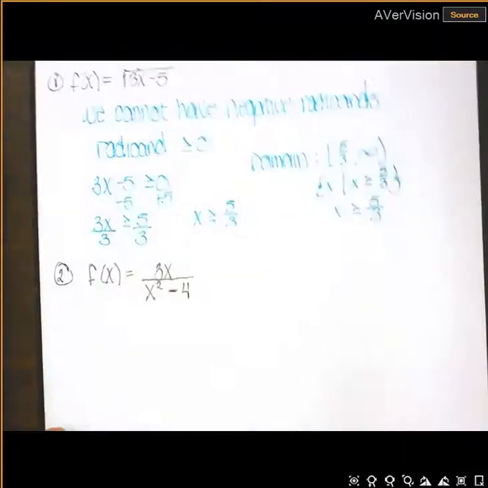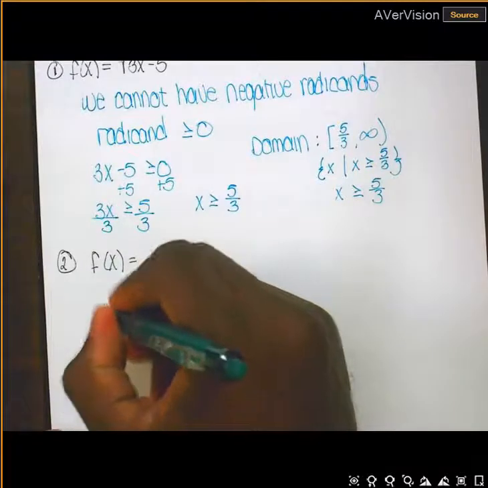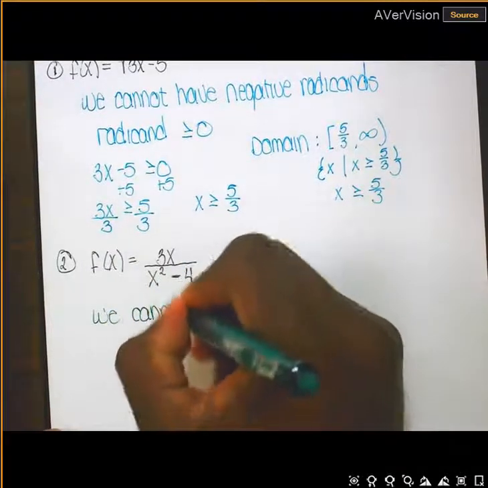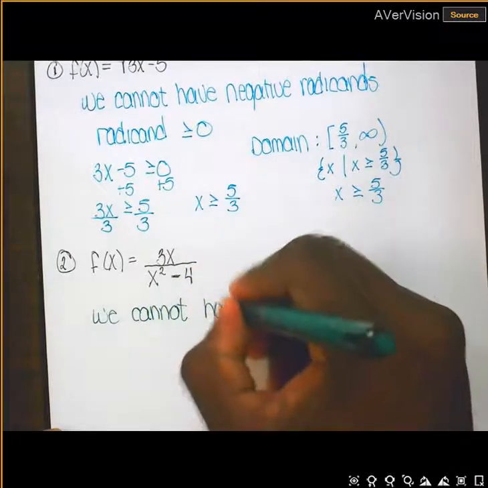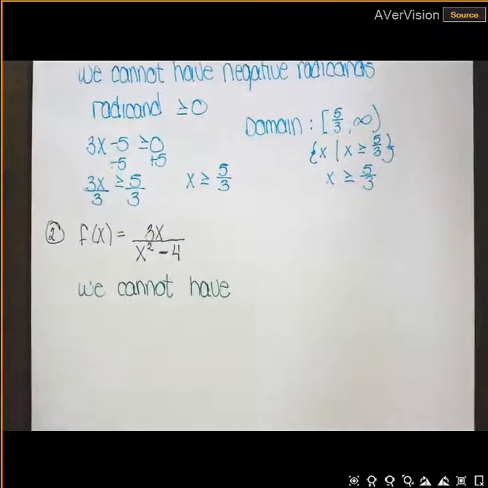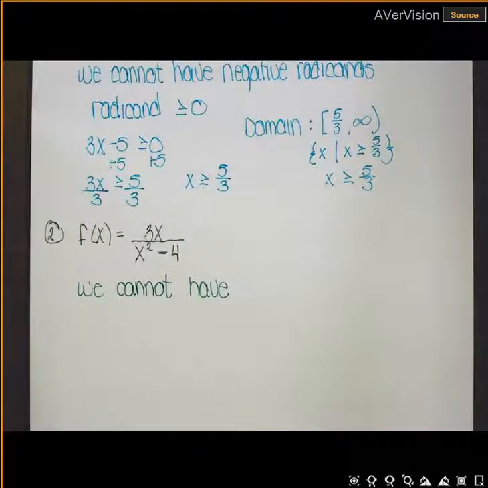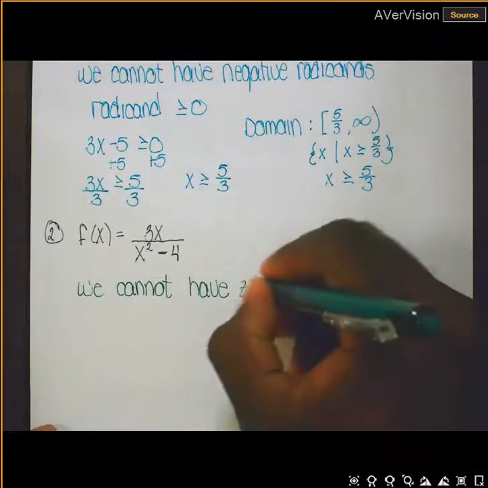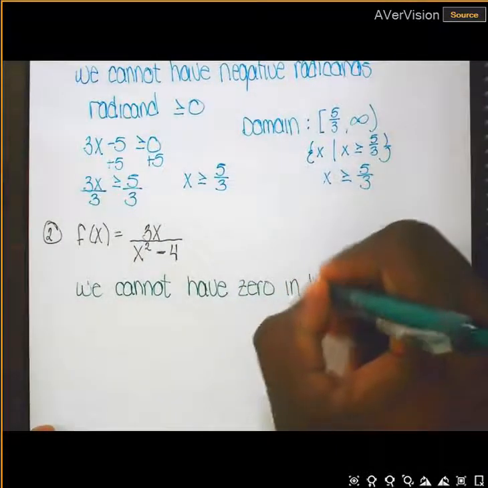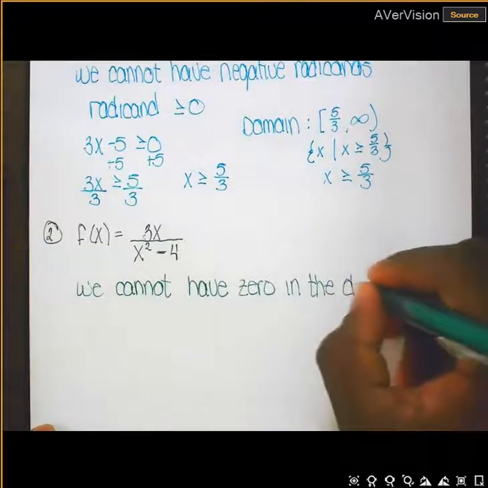All right, so when we have a rational function, what can we not have with rational functions? We cannot have 0 in the denominator.